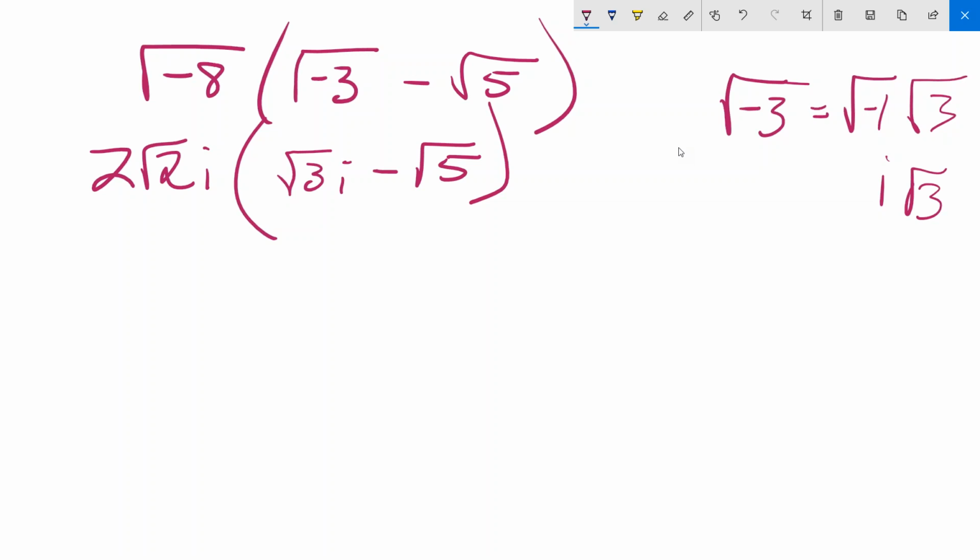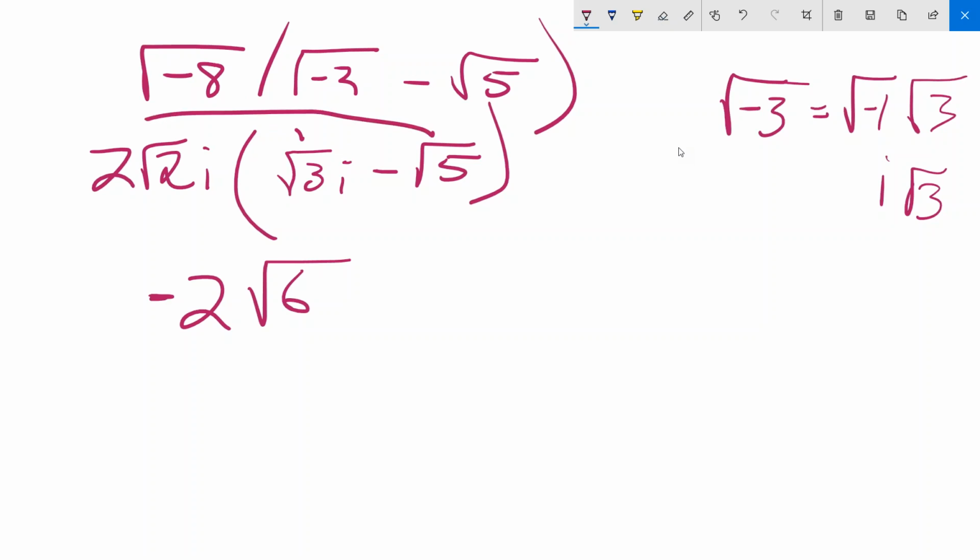So multiply that times that. This would be 2 root 6i squared. And what is I squared? That's -1. Or I can just put the negative sign right there. Okay? Now, what is that times that?